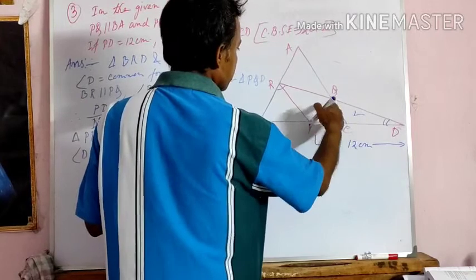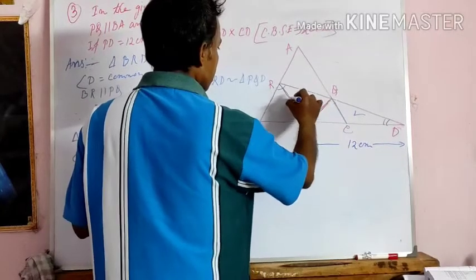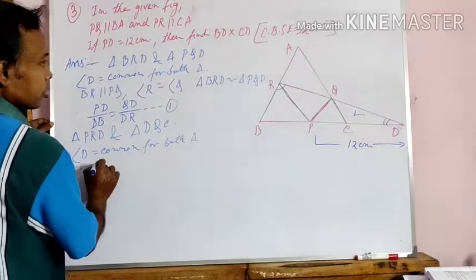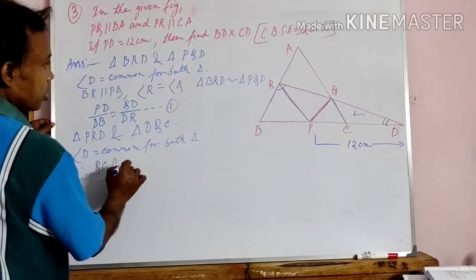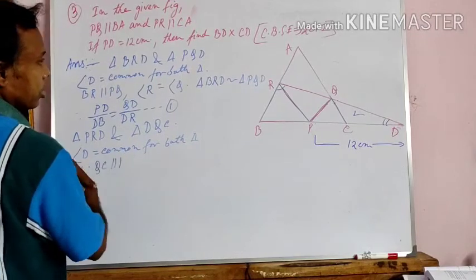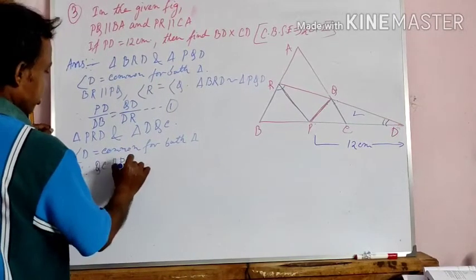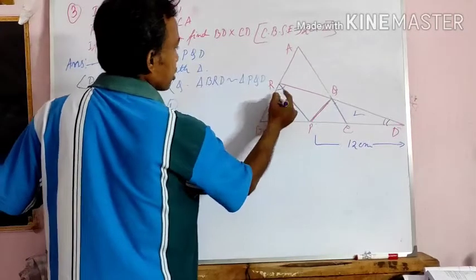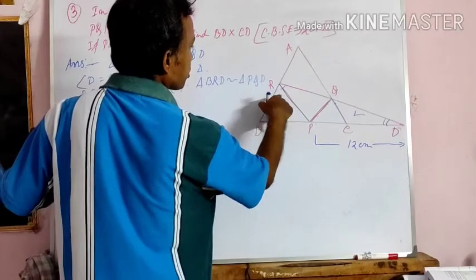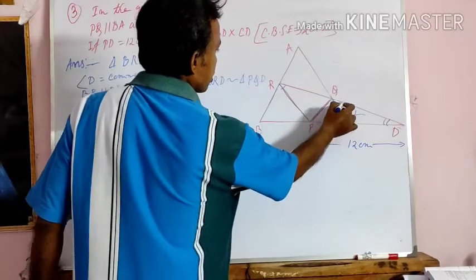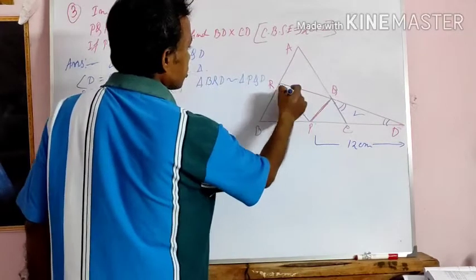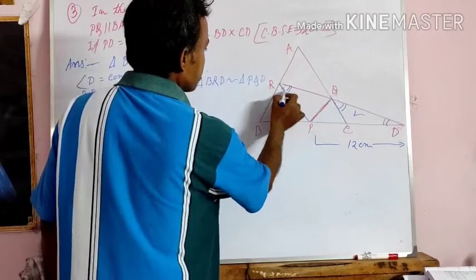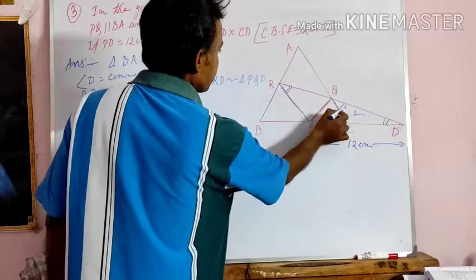And again, since QC is parallel to RP, therefore we can tell this angle is equal to this angle, because they are corresponding angles.